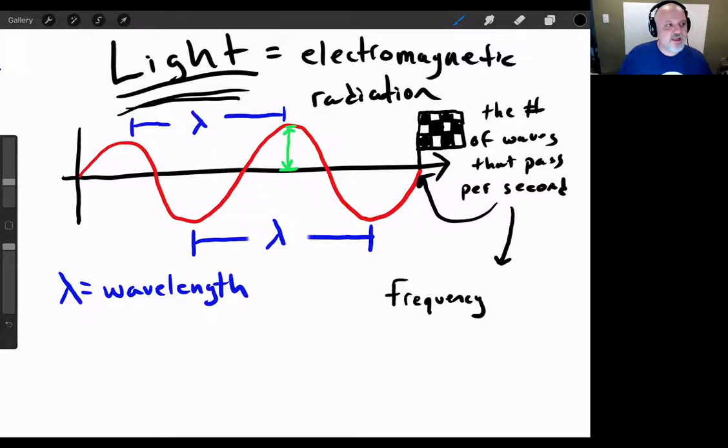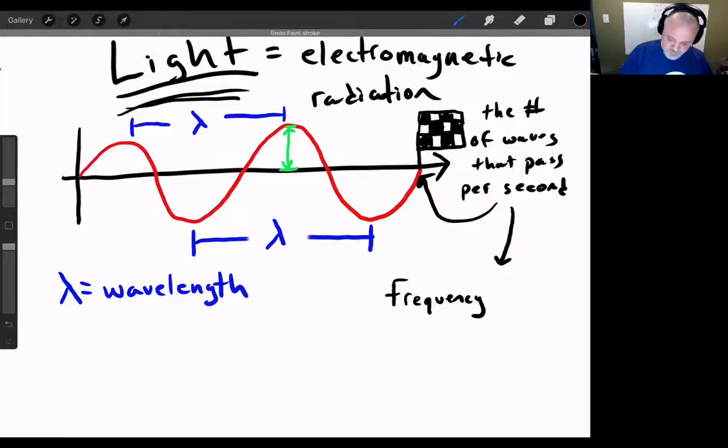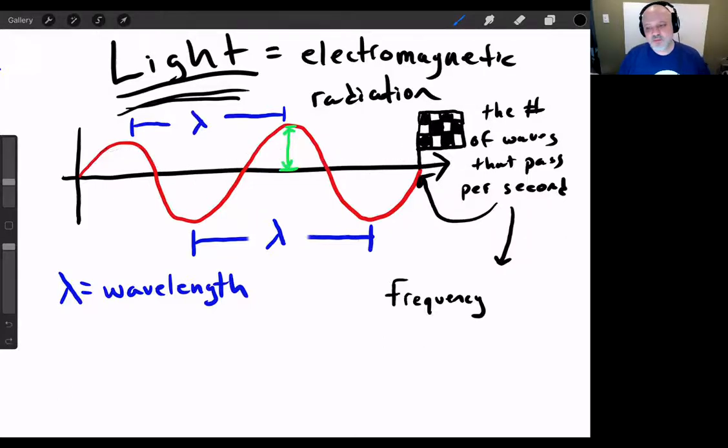And so this is why it's definitely hard to illustrate, because I need to make this wave move so that I can make it pass this point and then count the number of waves that pass. It's the frequency. And the symbol for frequency is the Greek letter nu.